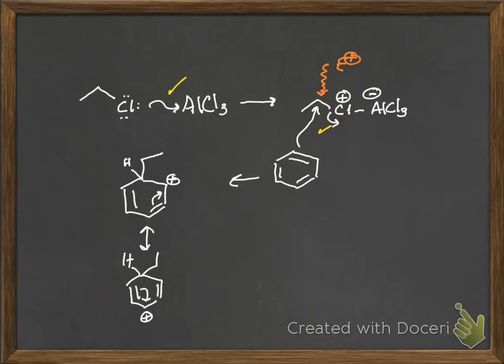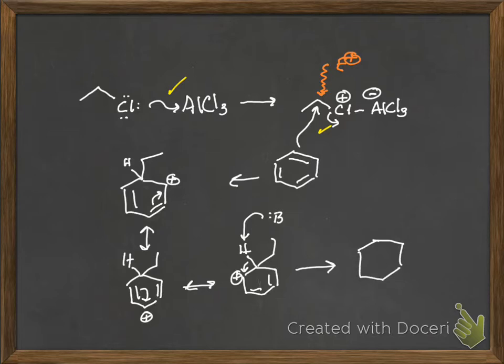And then we've got one more. Remember, there are always at least three resonance forms. There will be cases when there are more. We'll talk about those when we get there. And now we are here. And then the last step is the base that pulls that hydrogen off, regeneration of the aromaticity through an E1 type mechanism. And what we have made is ethylbenzene.